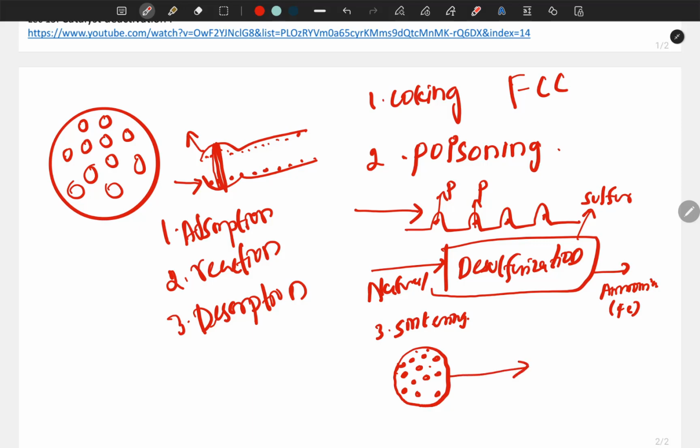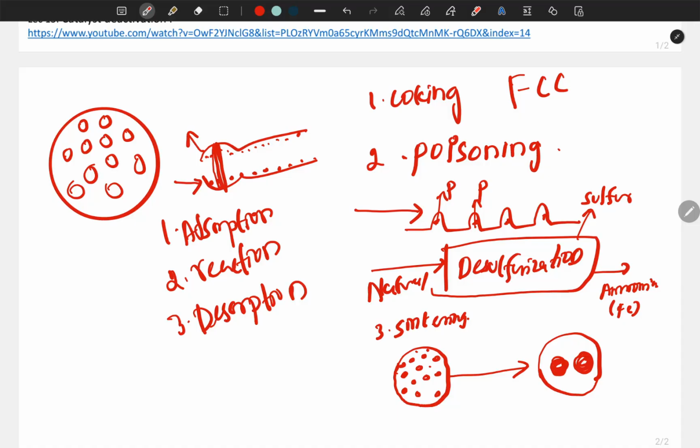When it is exposed to high temperature, these metal oxides try to agglomerate, which means your active sites are considerably reduced. So this will affect the activity of your catalyst. When your catalyst surface is exposed to high temperature for a long duration, these metal oxides try to agglomerate, which considerably decreases the active sites.